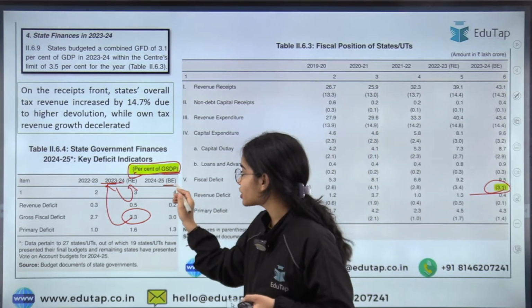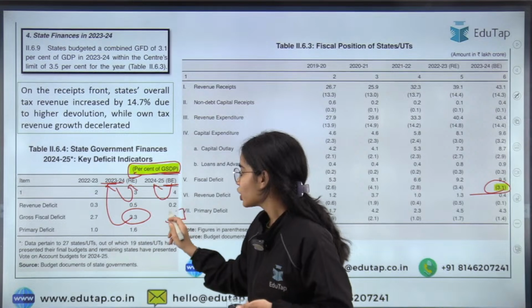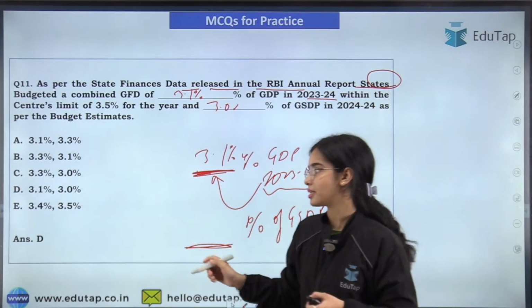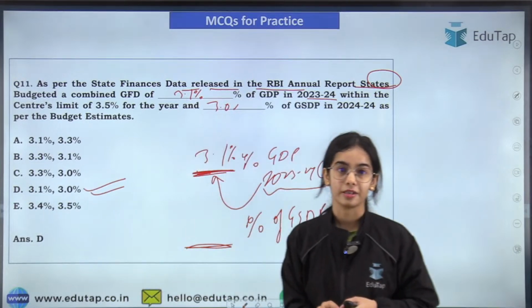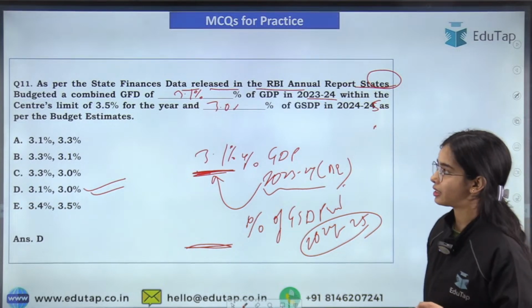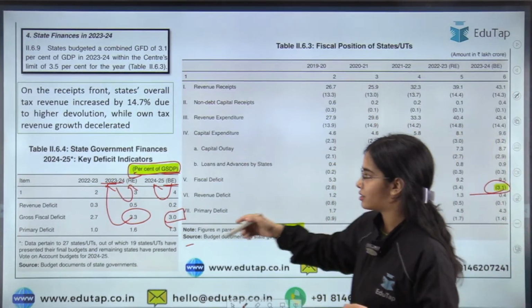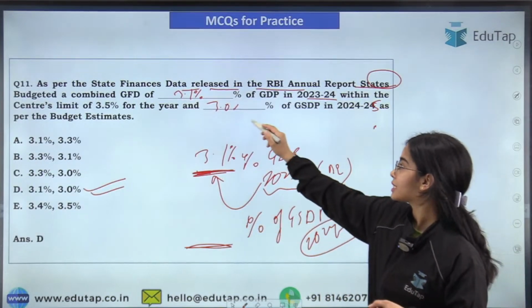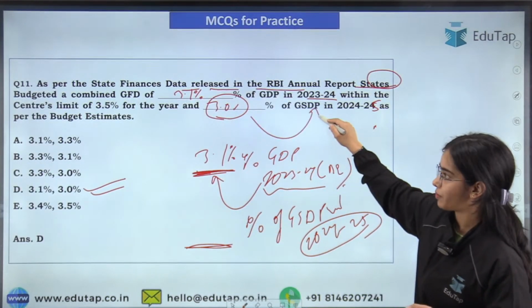If we talk about the budget estimates of 2024-25, it is 3% of the GSDP. So that's why D is the right answer here, because we are talking about 2024-25 budget estimates. Here it is 3% of the GSDP.